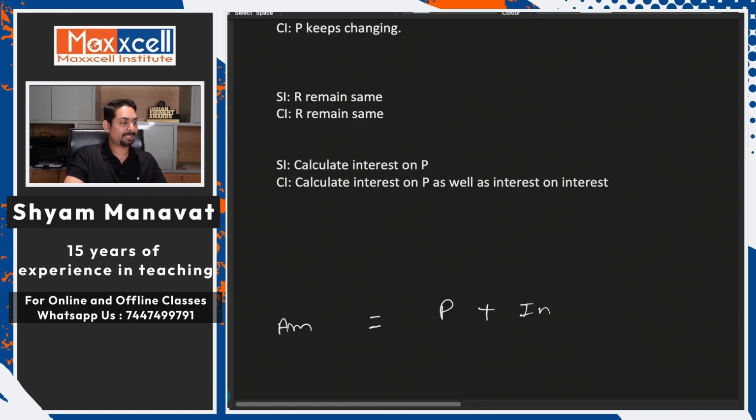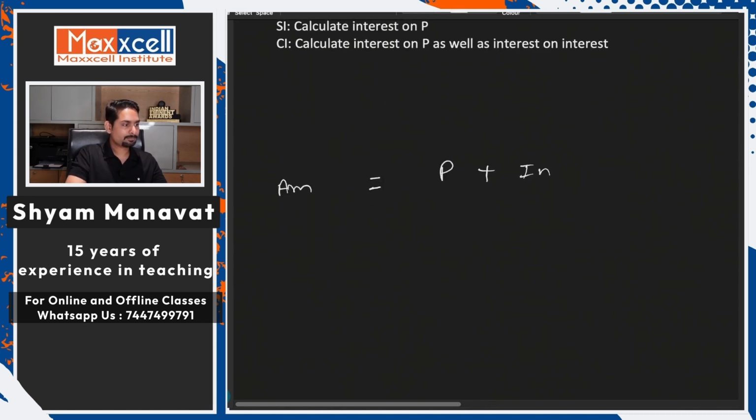So in case of compound interest, we don't calculate compound interest directly. First we calculate amount. Why? Because principal keeps changing, right?